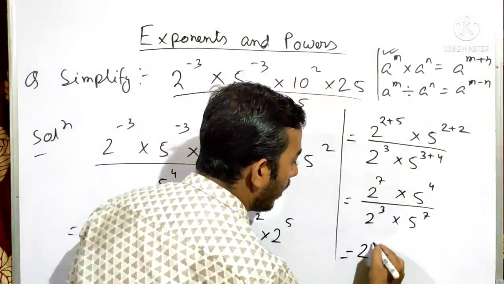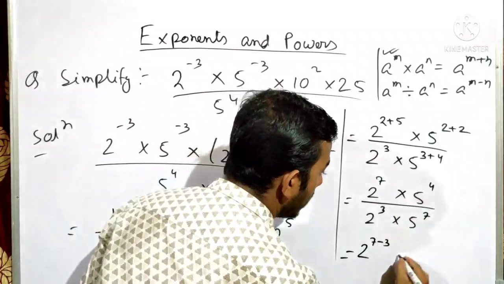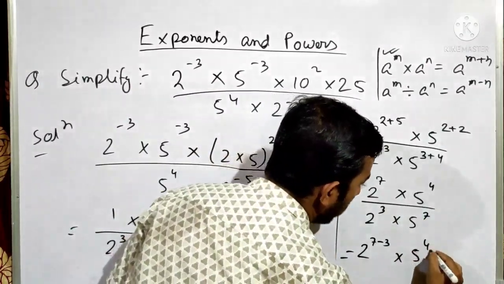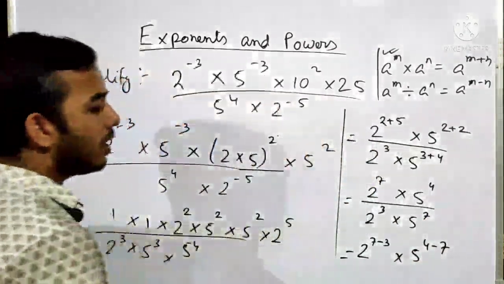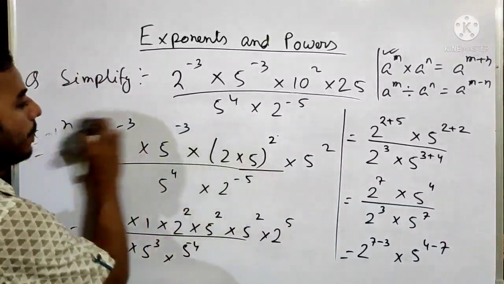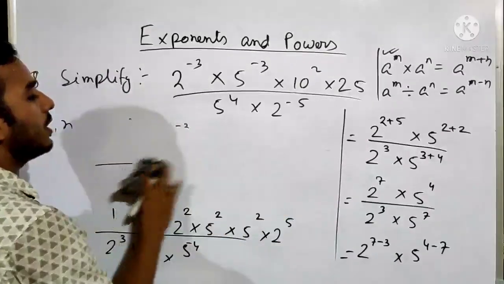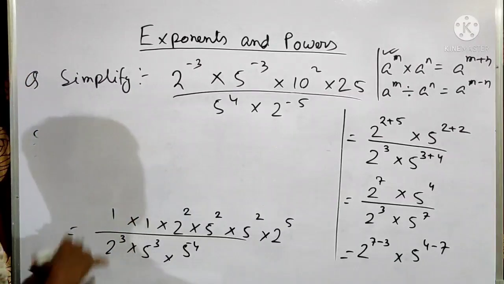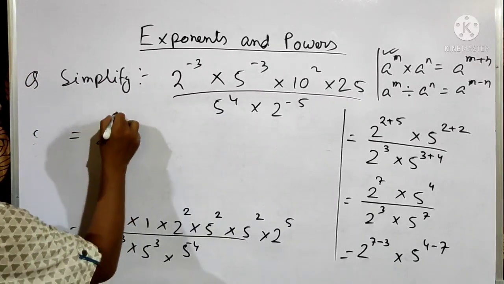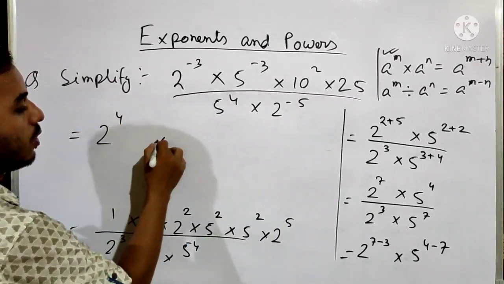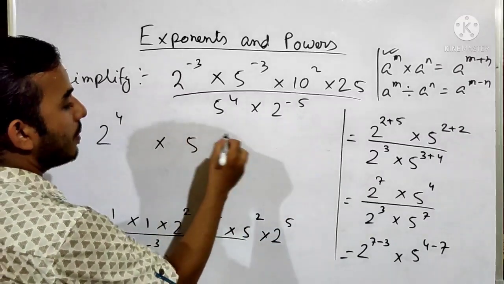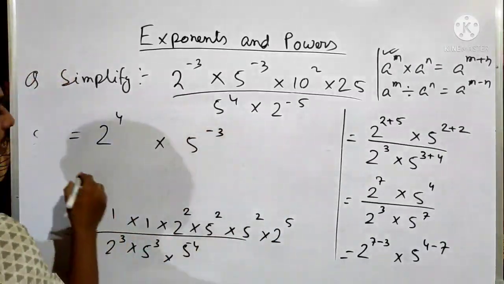So 7 minus 3 is how much? 4, isn't it? So right here 2 power 4, then into 5 power 4 minus 7, which is minus 3.